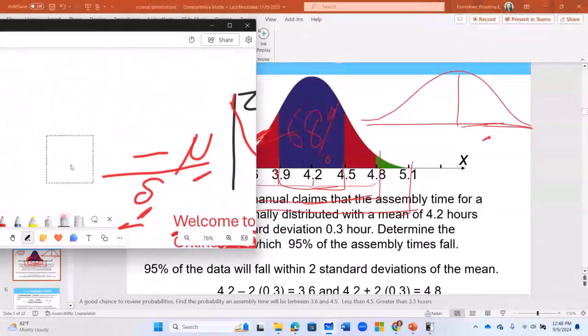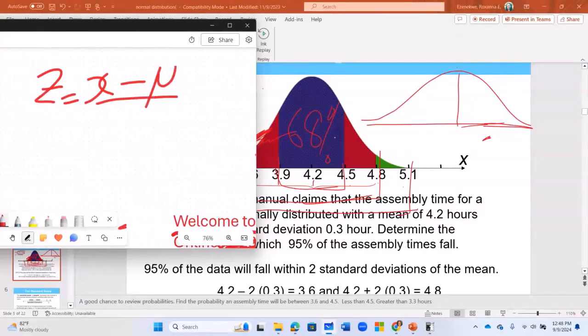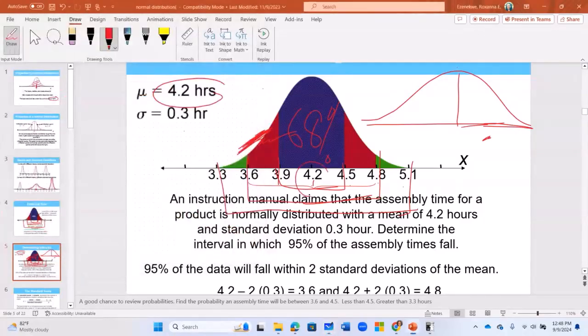So now I have written the formula. Let's go back. Let's actually standardize. So remember that for the normal curve, z is value minus mean mu over standard deviation. Okay, what is the mean? I already know, they gave me the mean.